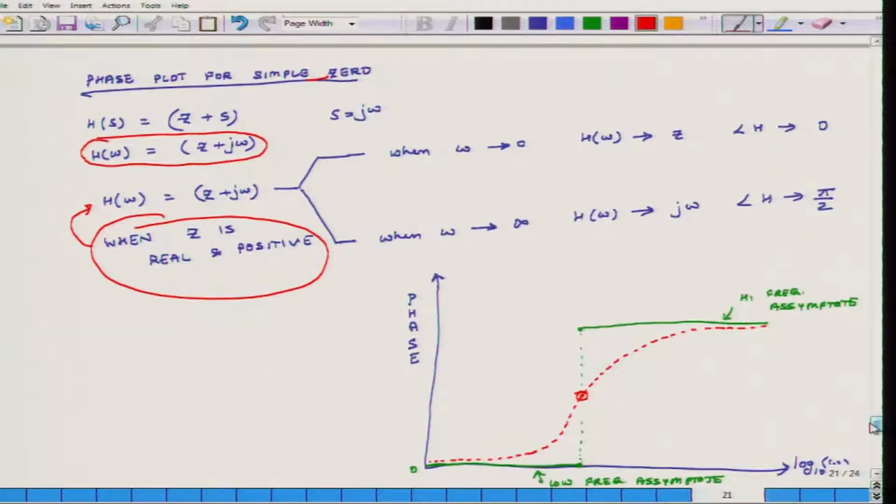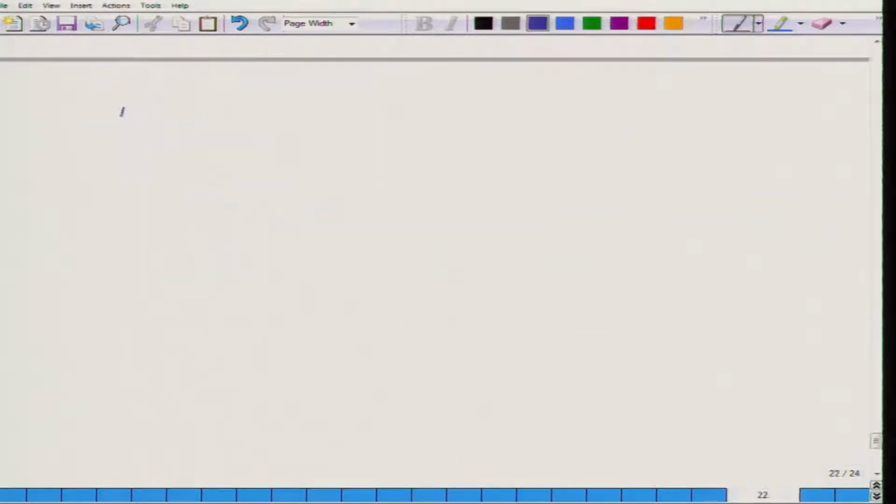So, what we have discussed so far is how to construct Bode plots for simple zeros and simple poles, but real transfer functions may not necessarily be a simple 0 or a simple pole. In general, it can be represented as a multiple of zeros divided by a function which has several poles.